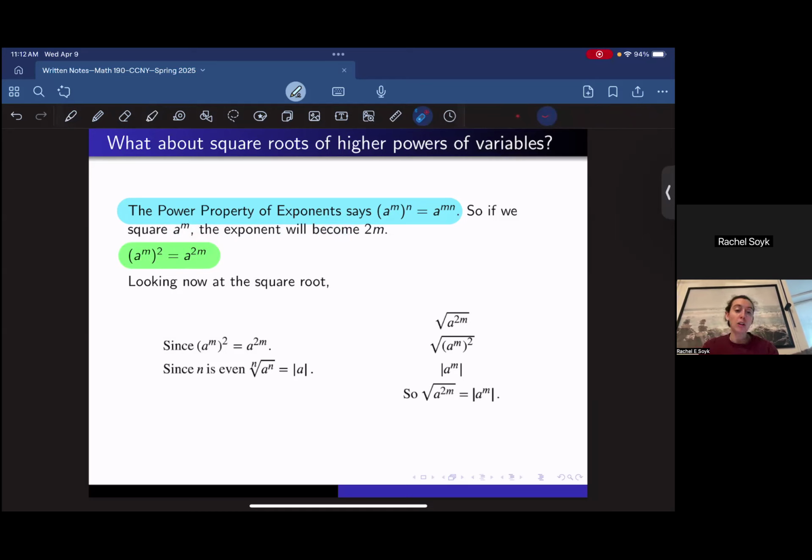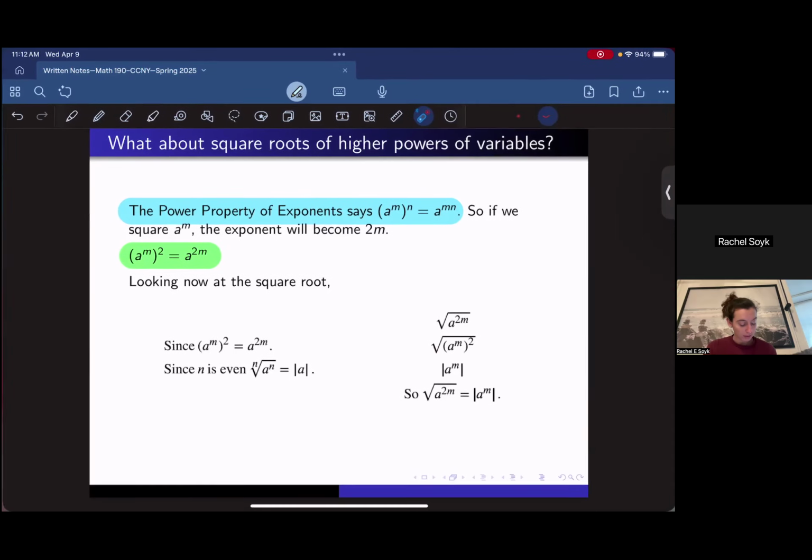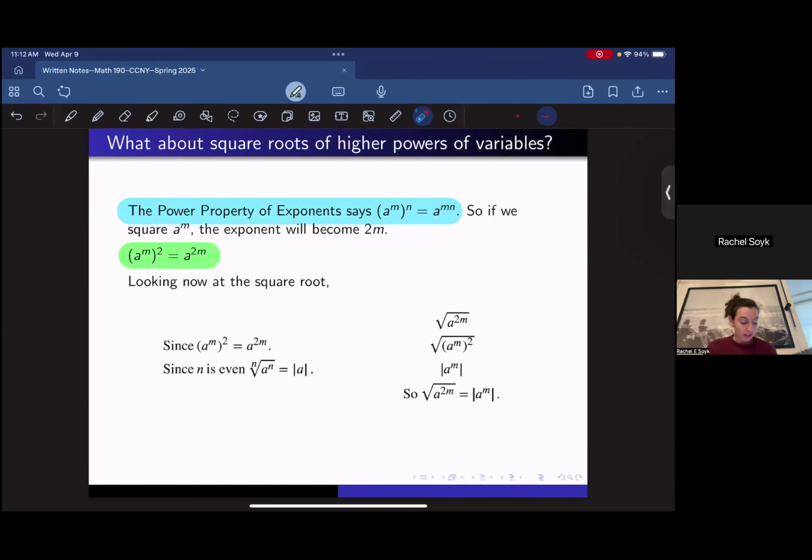And so now looking at this from different variations, we just went over this part. But if we were dealing with our index to be even, we still get those two solutions. So we have square root of a to the 2m. This is the same as the square root of a to the m raised to the second.